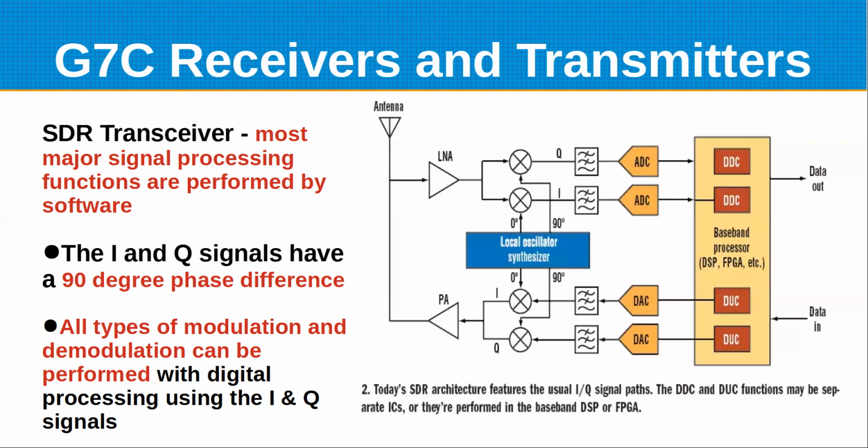The similar process for the transmitter, where we do all of the processing and output in digital form, whatever waveform that we want. So if we're generating a single sideband signal, we're going to synthesize digitally what that waveform needs to be and run that through a digital analog converter.